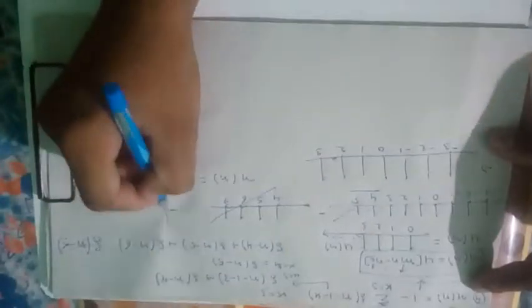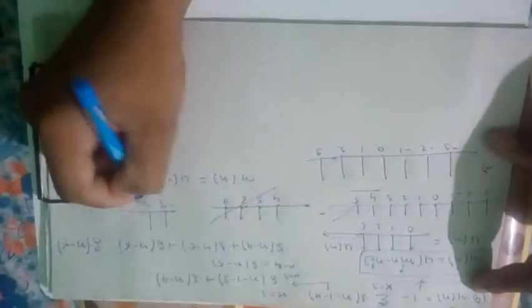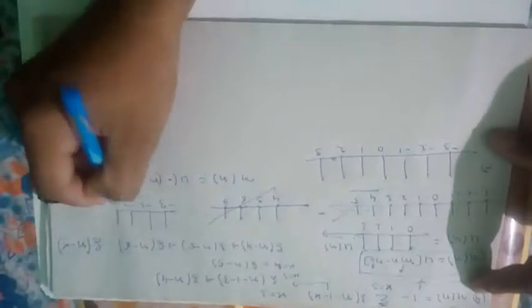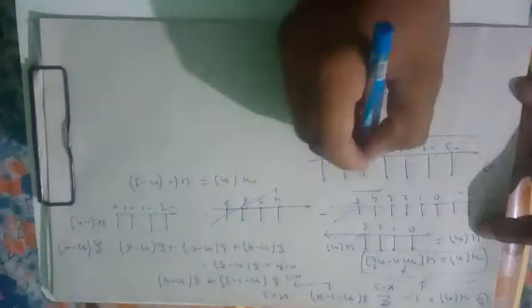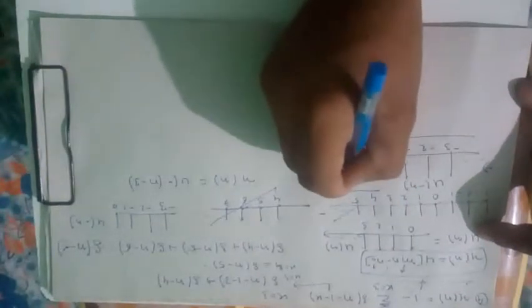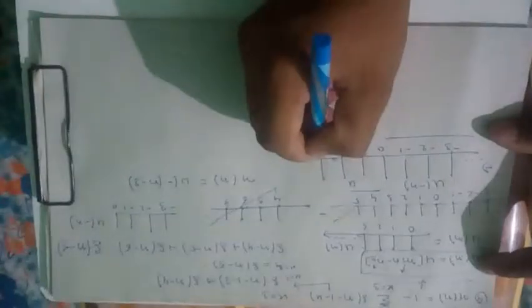Because the values are there for minus 3, minus 2, minus 1, 0, so it is u of minus n, subtracting the shifted one.